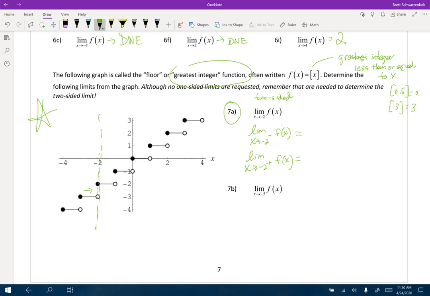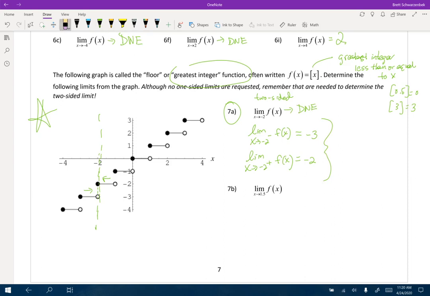The height is clearly -3. But if we're approaching -2 from the right side, we're up on this little barbell-looking step. And what height is that approaching? That is approaching -2. Well, what does that mean? That means that the two-sided limit does not exist.